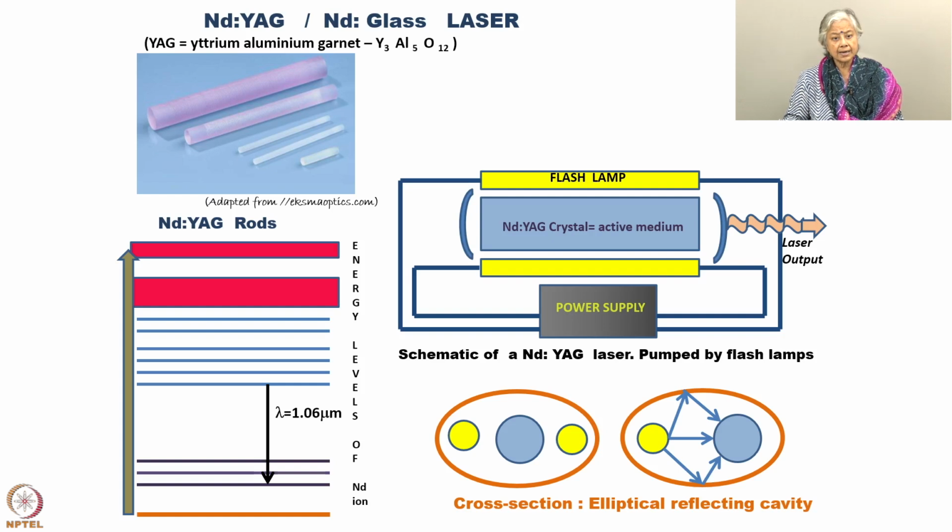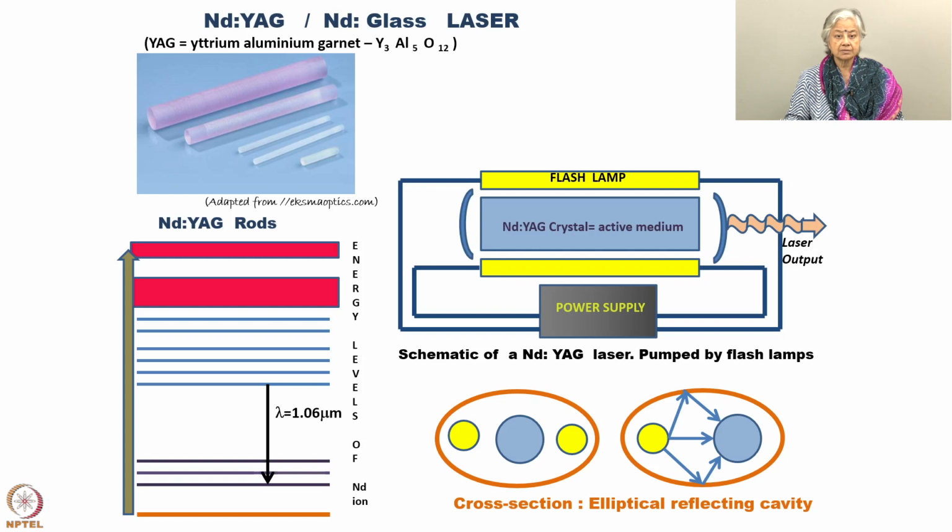Nd:YAG and Nd:glass are more or less close to each other, similar in many ways. The only thing is that Nd:glass is an amorphous material, and Nd:YAG is a crystalline material. YAG stands for yttrium aluminum garnet, which is Y3Al5O12.